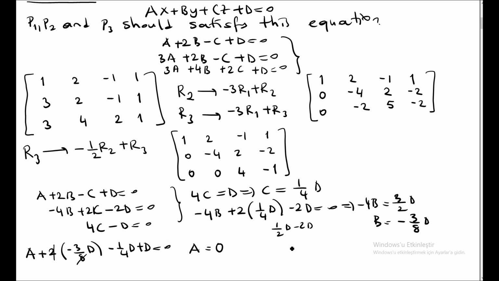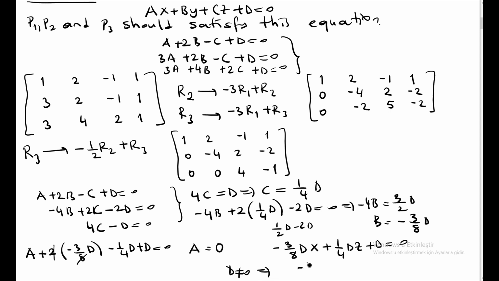So I have this equation now. A is 0, B is negative 3 over 8D times X plus C, 1 over 4D times Z plus D equals 0. D is not 0, because if D is 0, everything will be 0.